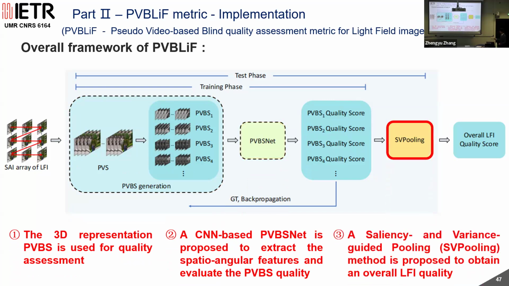And finally, a saliency and variance guided pooling, the SV pooling method, is proposed to obtain an overall light field image quality. And in the following, we will go deeper into the second and third components.